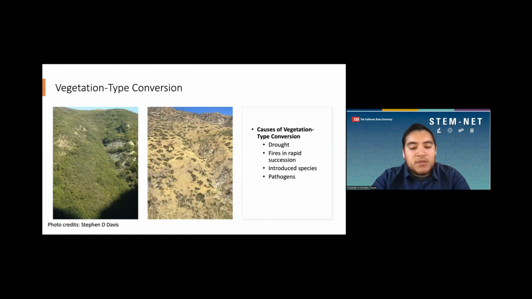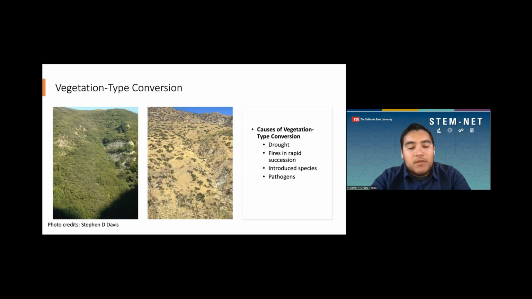So these shrublands have been subject to degradation and transformation in the last several years. Landscapes have transformed from dense closed canopies like the one we see on the left to much more open landscapes that have been invaded by exotic annual herbs. Some of the causes for vegetation type conversion include drought, fires in rapid succession, introduced species and pathogens.